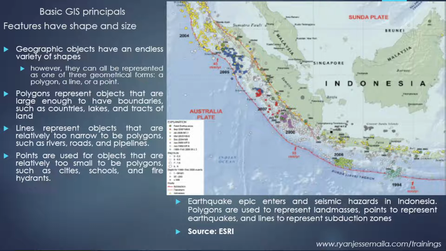So a city, depending on the map that you want to make, you can use as a point to show this is where the capital city of each country is, or you could use it as a polygon depending on what you want to show.